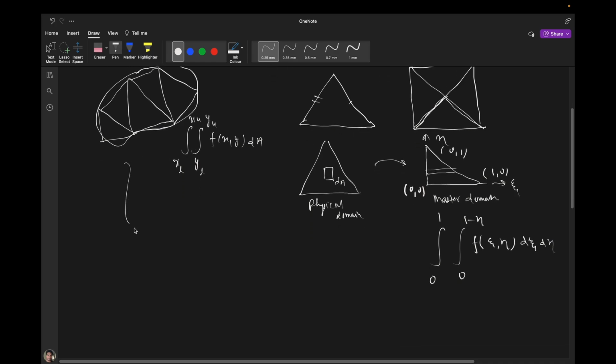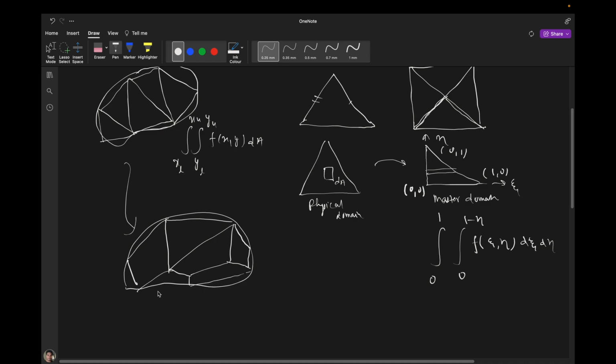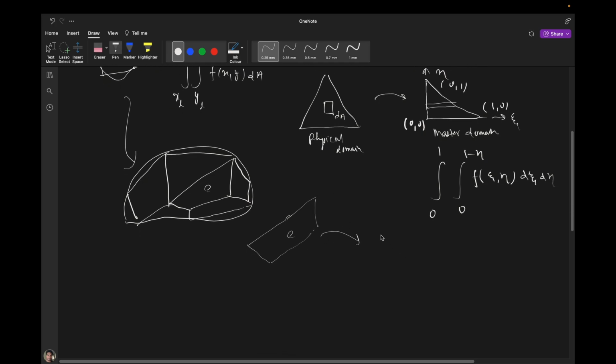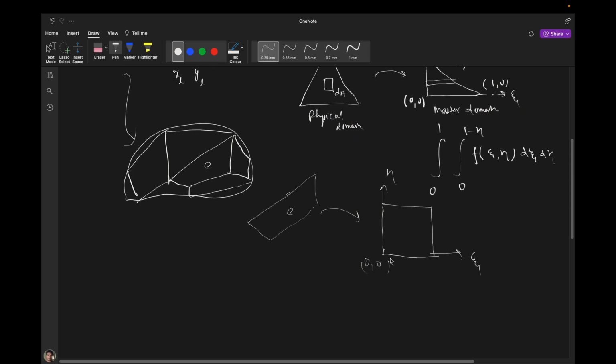Similarly, we can also convert the domain into a rectangular mesh. If this is a physical domain and you take this element, suppose the element is something like this, and we are able to convert it into a square, which is the master domain, then there is no such problem.